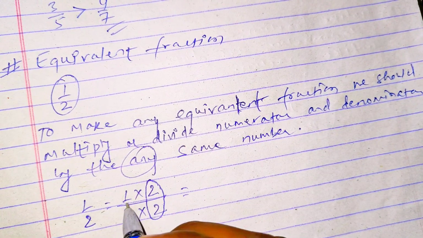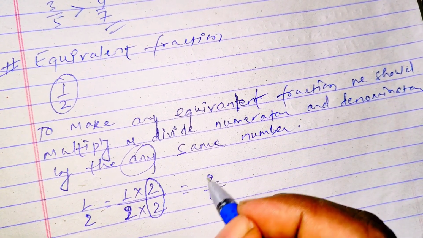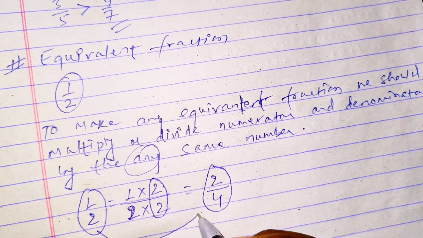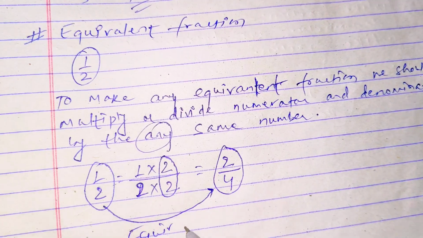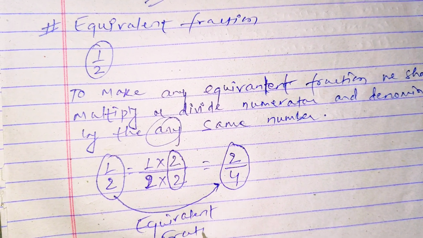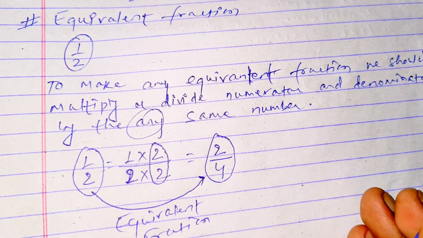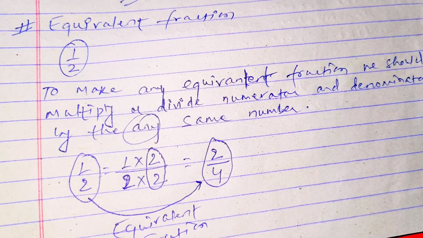Now 2 times 2 is 4, and that gives the equivalent fraction. So in this way we can find the equivalent fraction of the given fraction, right?